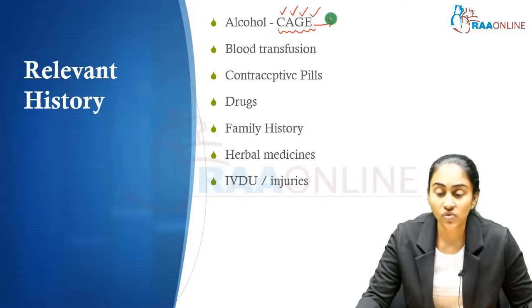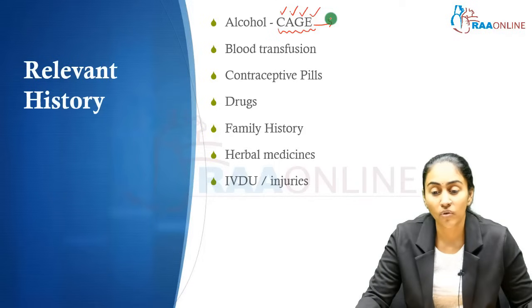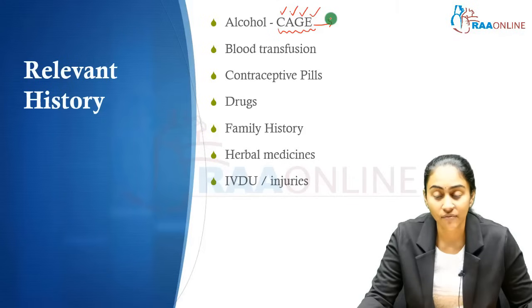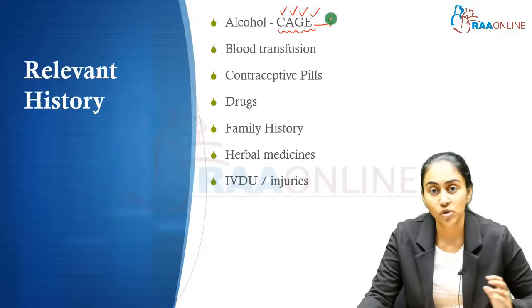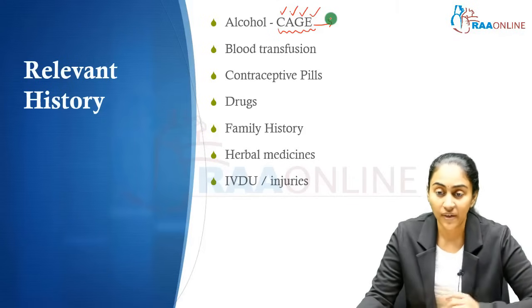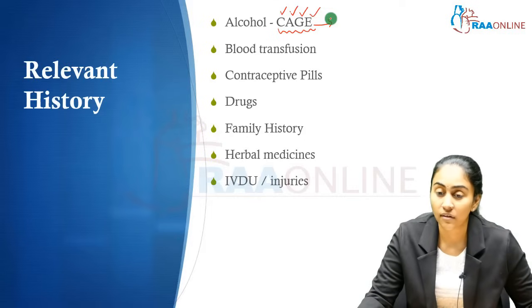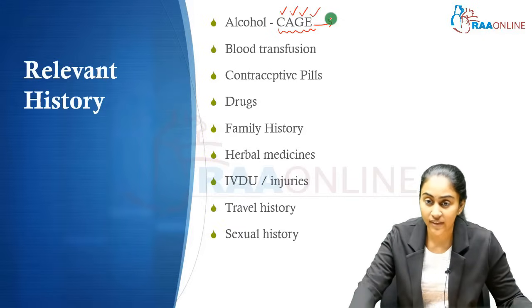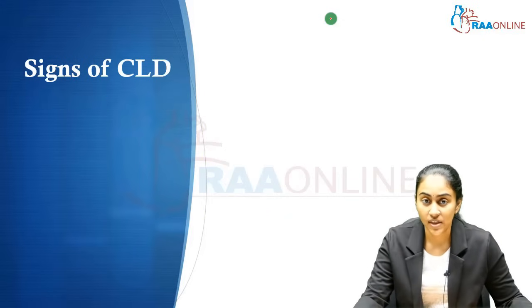For patients with intravenous drug abuse or recent trauma or recent surgeries, you have to keep in mind that this becomes a high risk factor when we consider them to be at risk for chronic hepatitis infections like hepatitis B and C. Travel history, again something that is important, and then finally sexual history.